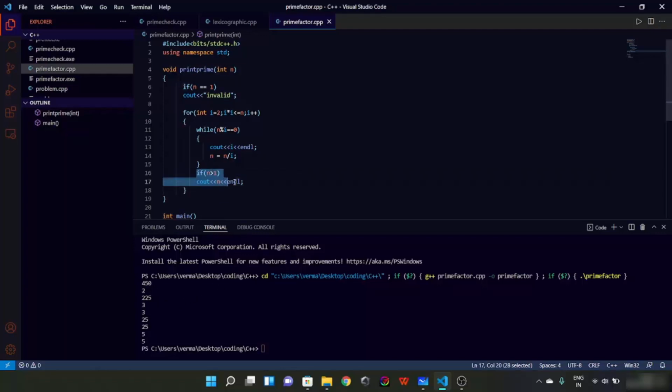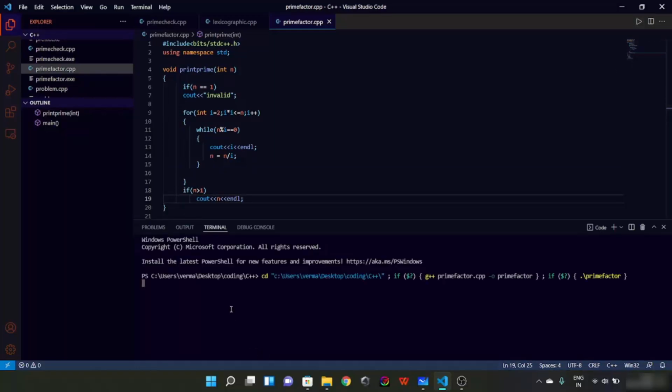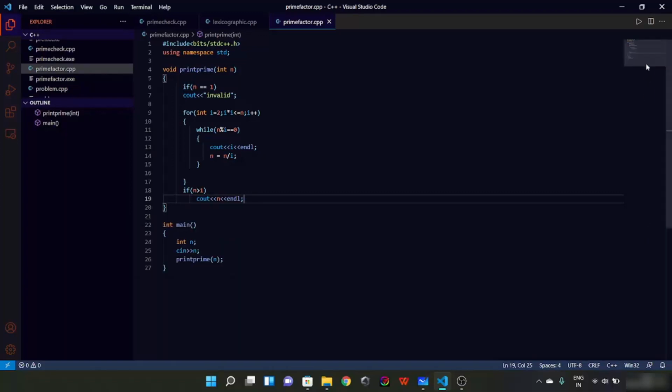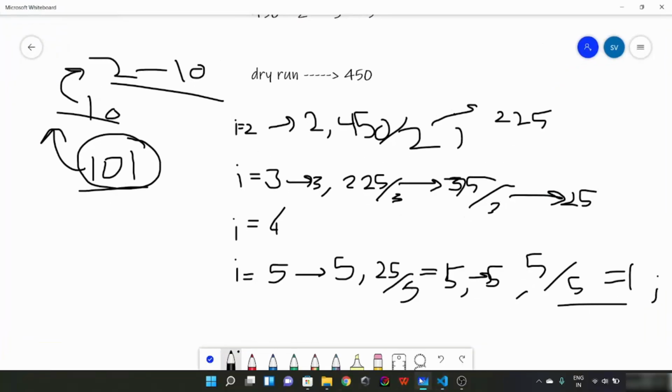Oh yes, sorry, my bad. This loop you can see is going to be outside this, right? Yes. Now let's run it for 450. See, 2 3 3 5 5. That was the required output. Yes, let's try and do it for, suppose, 12. 2 2 3. Yeah. See, that is the solution here.